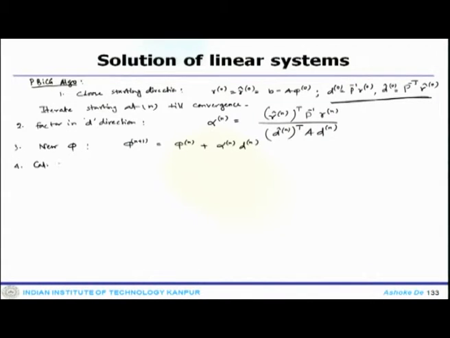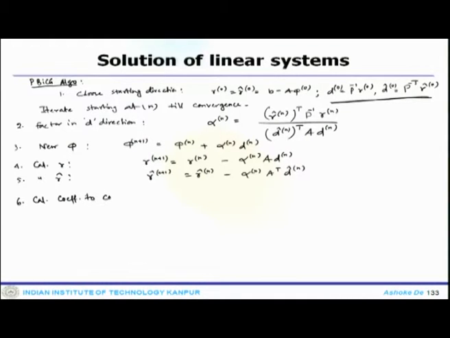Now, calculate r, the residual vector, which would be r n plus 1 equals r n minus alpha n A d n, and also similarly calculate the r hat, which is along the direction of the shadow variable. So, that will give us r hat n plus 1 equals r hat n minus alpha n A transpose d hat n.